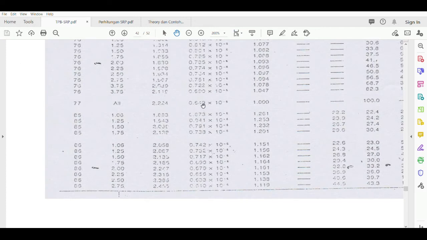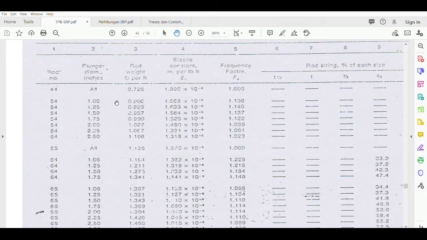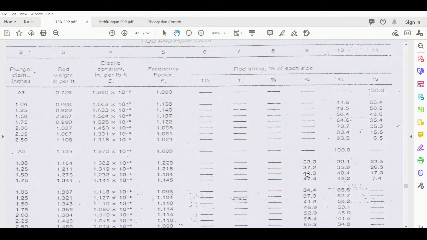So you can see here the plunger diameter, and then the rod weight, the total rod weight, and the elasticity of the rod. The frequency factor, we don't use this. We use this one. What is the percentage of each of the rods?